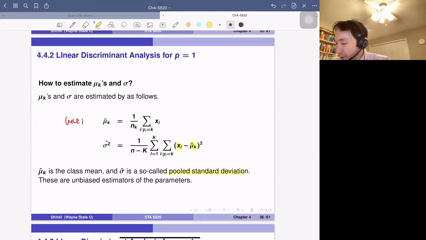So we add this up for all i's and all k's. If y_i is equal to k, then we get this, and I think k should run from 1 to K. Then we divide by n minus K, because we have estimated parameters.